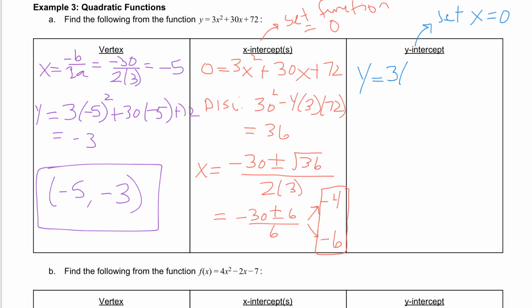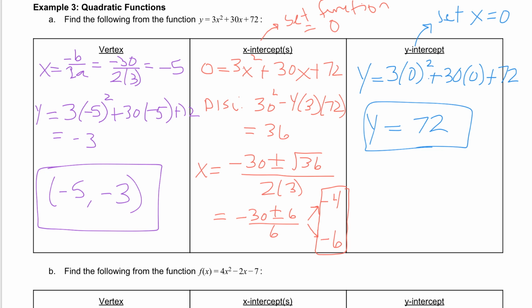So 3 times 0 squared plus 30 times 0 plus 72. And if I plug that into my calculator, which you may or may not have to, you will get y equal to 72. And that's my y-intercept.